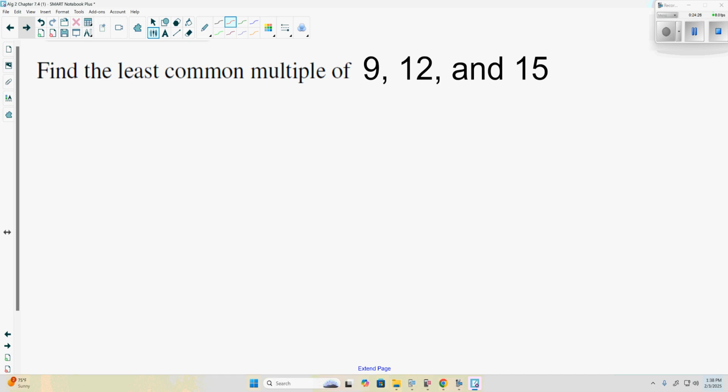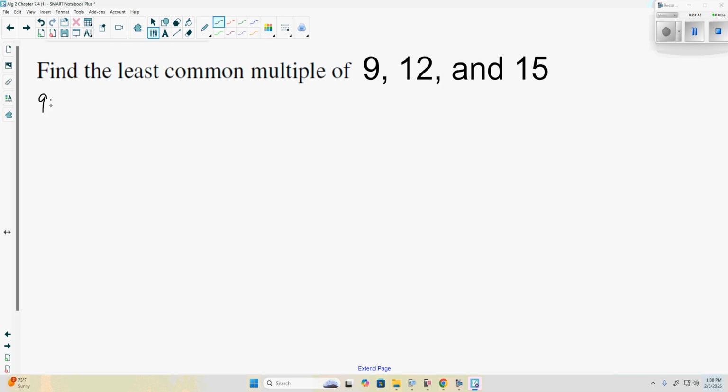We want to find the least common multiple between 9, 12, and 15. I'm going to do the skip counting method here. If you want to, you can. I don't know if I would want to write these down.